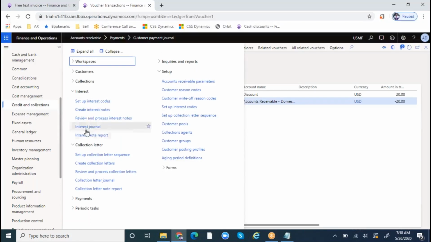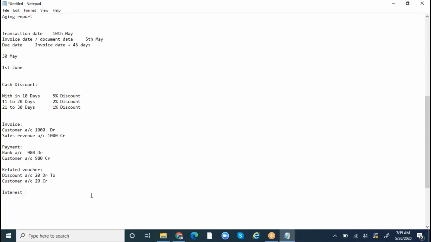There are collections and interest calculation as different functions, but openly, whenever I implement, I learned interest but never implemented it. The reason is that when I explain this topic to business people, they simply say we don't need this, because if we put interest calculation on the customer, they will not come back to me. I don't want to lose this customer.